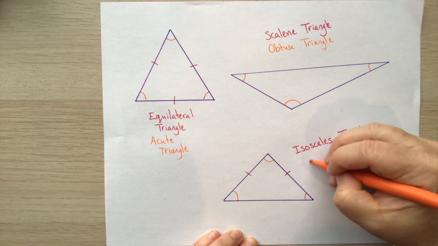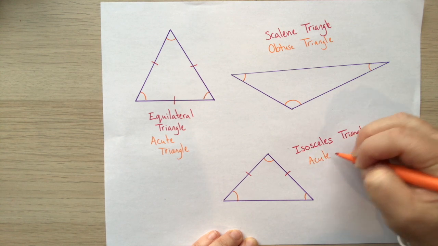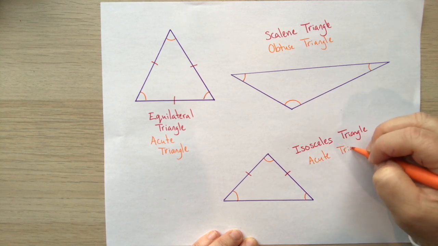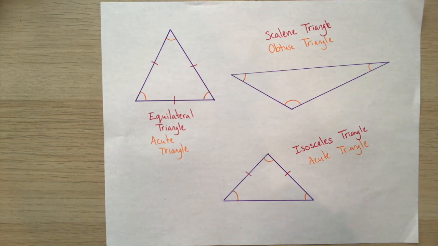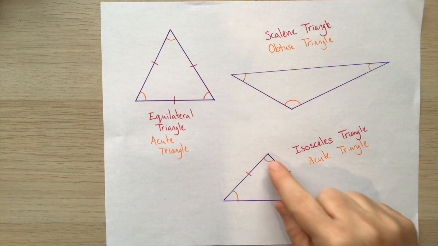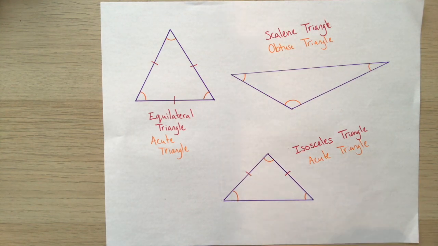So that makes this also an acute triangle. So as you can see, triangles can be classified by 2 different things, their angles and also their sides.